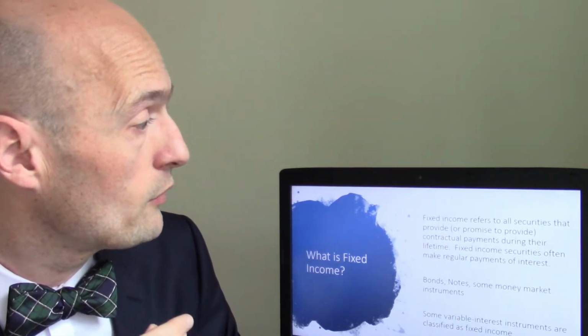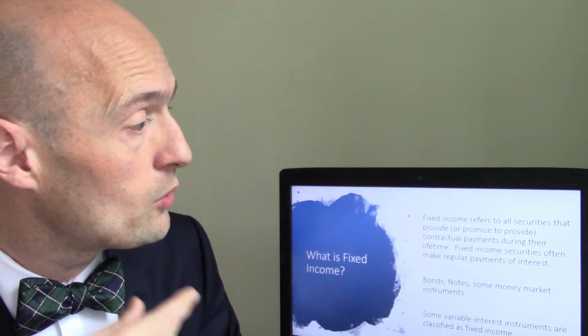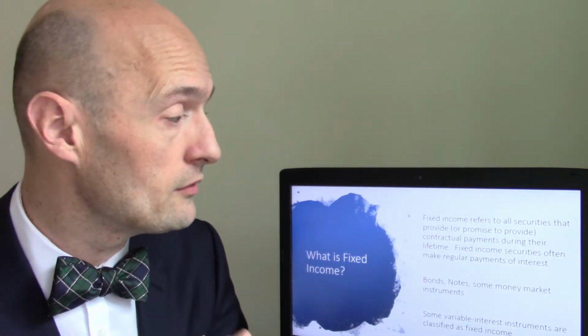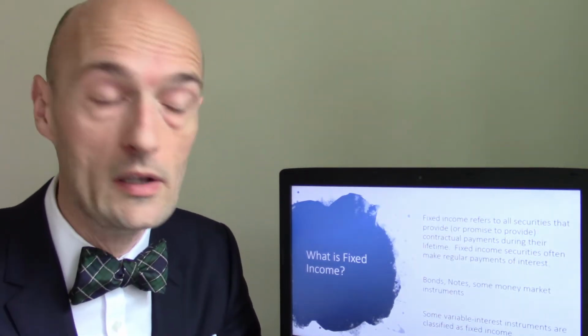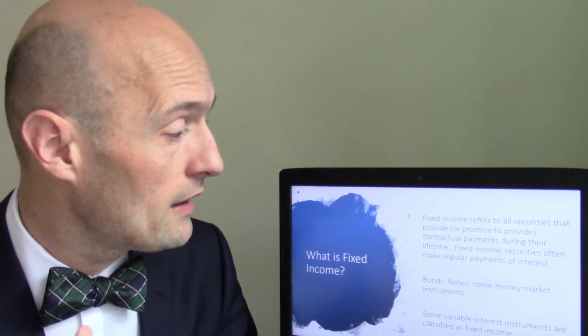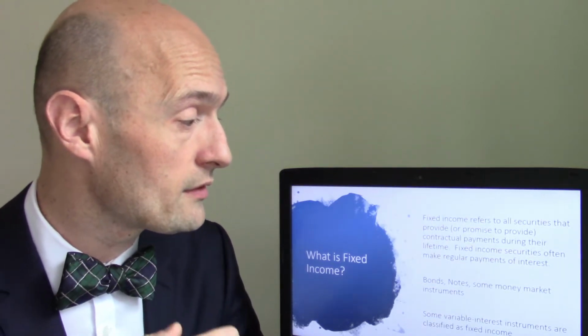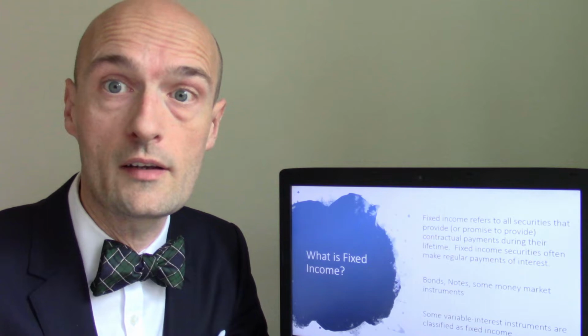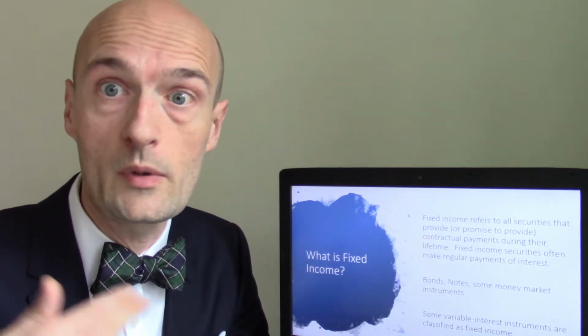So what else have we got here? Bonds, notes, and some money market instruments are all classified as being fixed income instruments. Some are variable interest, so even though they're called fixed income, the payments may not be fixed.